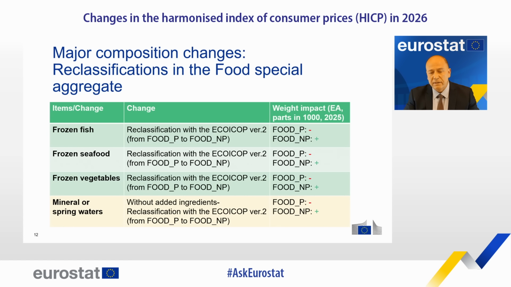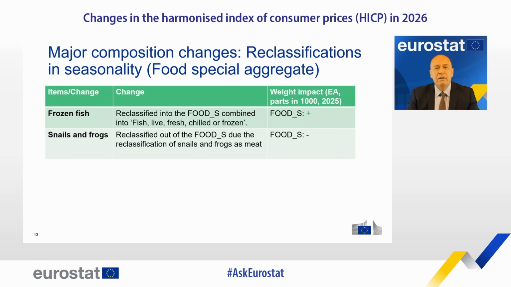Again, they were reclassified to non-processed foods. Mineral or spring waters are now abolished. The part of processing and the added ingredients, and therefore again they are reclassified to non-processed food.